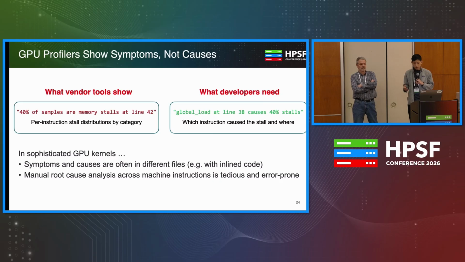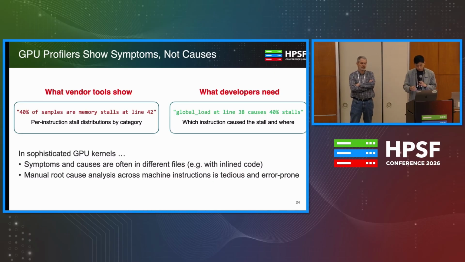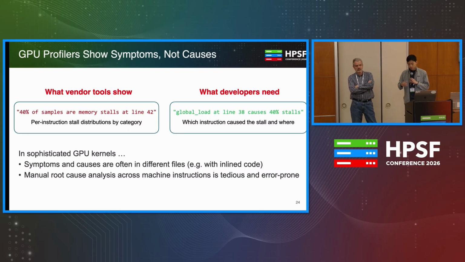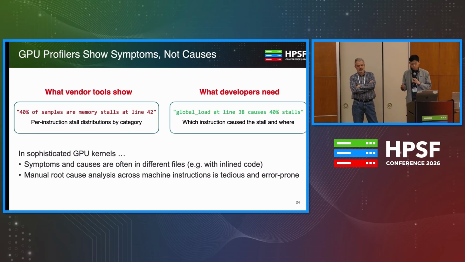Maybe it is a memory stall, and it is because you are waiting for loading some data from HBM. So actually the real reason behind this is on some previous line of code. Maybe there is a global load at line 38 in one specific file, and this is actually where we should go deeper and fix. If we want to remove the bottleneck in line 42, we actually need to fix line 38 to eliminate all the stalls in that line of code.